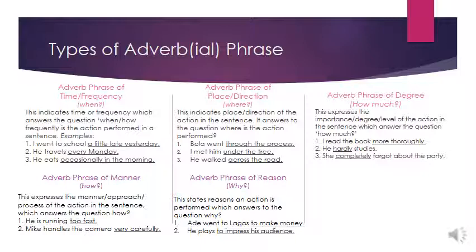Now remember that this adverb is pointing to the action. What is the action in the number one example? Went. Very correct. What's the verb in the second sentence? Travels. Very good. What's the action in the third sentence? Eats. Very correct.